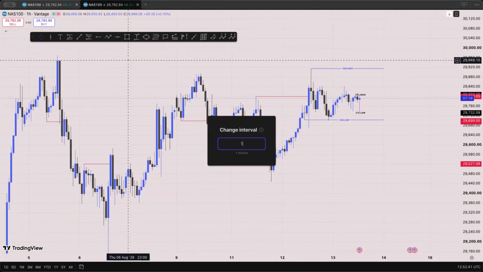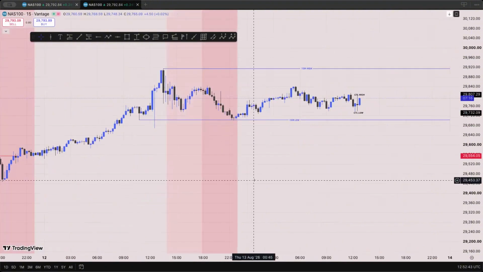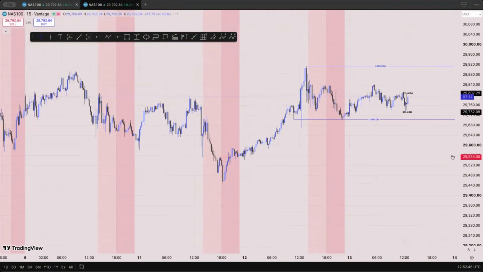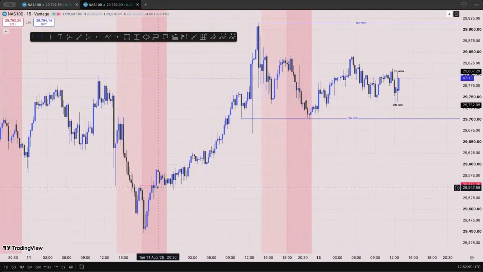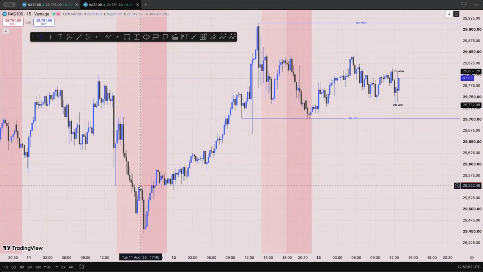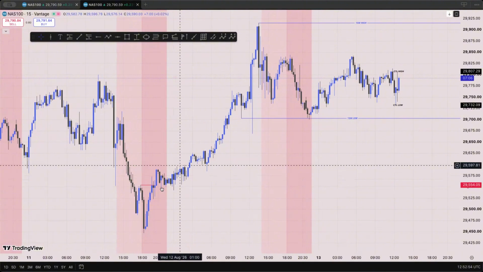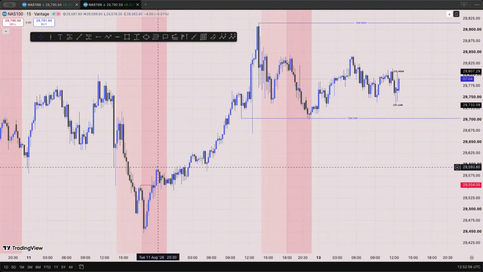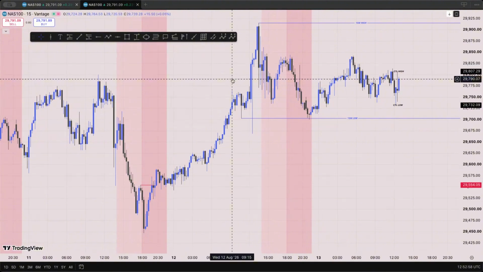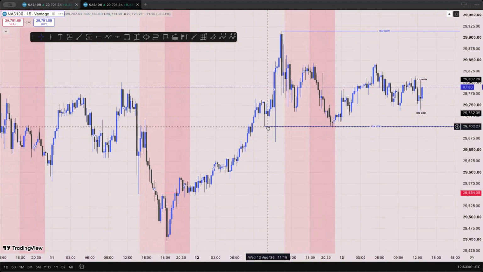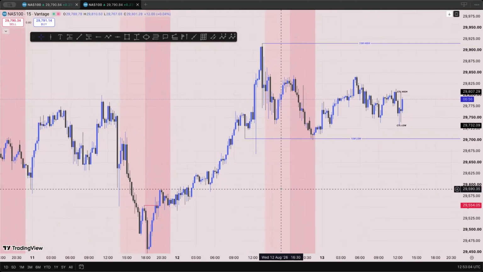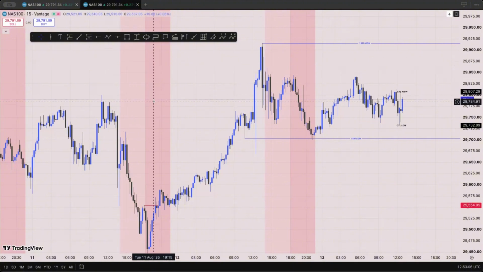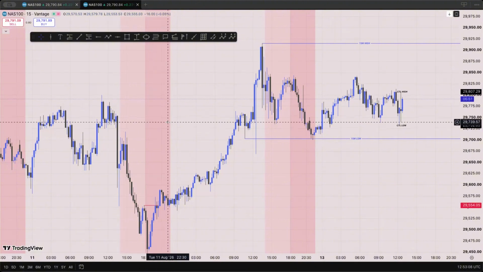When we go to the 50-minute time frame to break down the leg, we can see that this bullish leg started from here when this lower high got invalidated. So when this lower high got invalidated, we created higher highs and higher lows, higher highs and higher lows, and there's the current higher low, and there's the current higher high. Whenever we are in a bullish market, you always want to move with the trend.